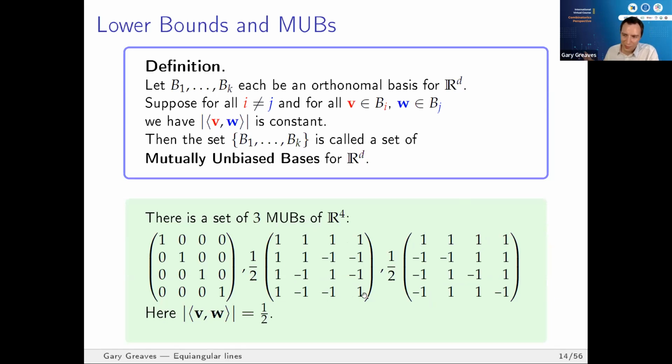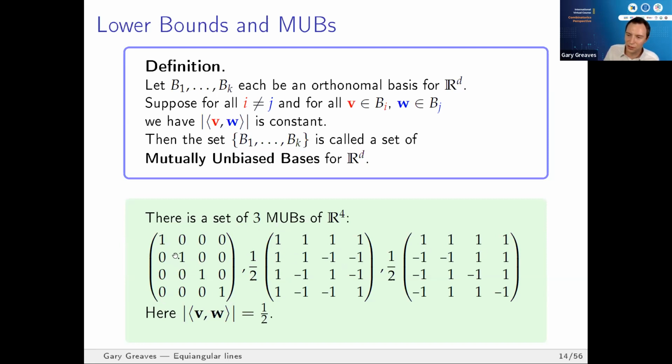Now they have this very special condition that if I take the inner product of any vector over here with any vector over here or over here, I'll get a constant absolute value inner product. So let's do that. It's a bit boring because these are just going to give us a particular entry of these vectors. So this will give me 1 times 1/2 plus 0 times everything else. So I'll get a 1/2 with this vector with any of these vectors.